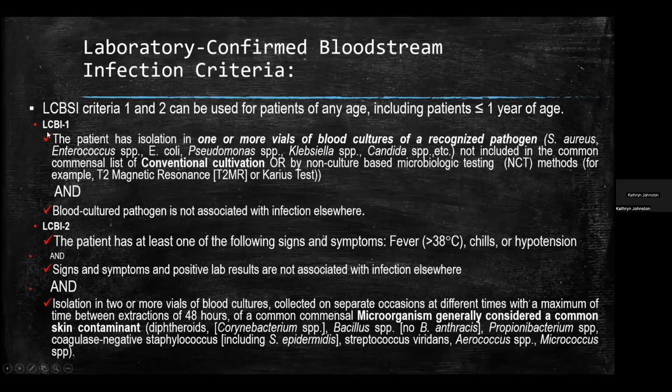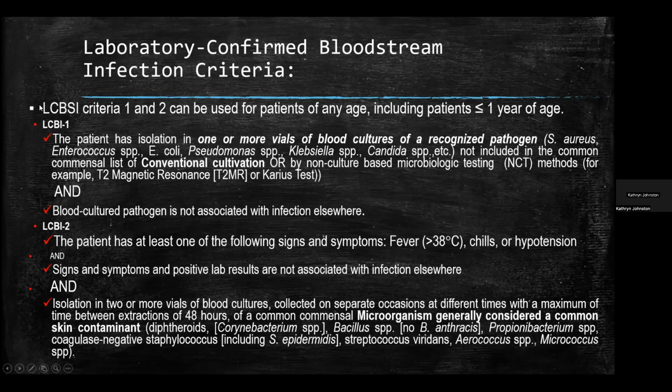So you can see here, this is LCBI1, and the patient has a recognized pathogen, and they have very specific guidelines on what is considered pathogenic versus what is considered common commensals. So they have 1 or more blood cultures with a recognized pathogen, okay? And those microorganisms cannot be included in the common commensal list. And the blood culture pathogen is not associated with infection elsewhere.